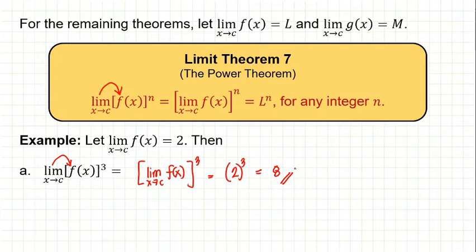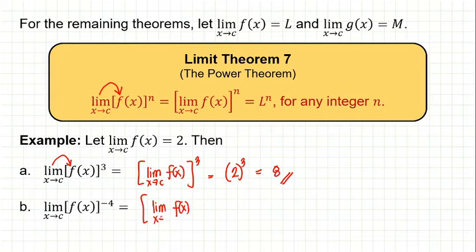Okay? For letter B, we have the limit of f of x to the power of negative 4 as x approaches 3. The same process, ipapasok lang natin yung limit. So we have f of x as x approaches c to the power of negative 4. And we will have 2 to the power of negative 4.